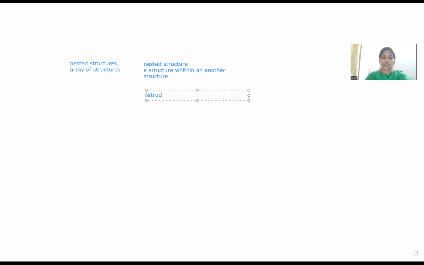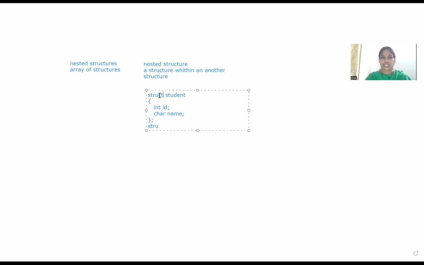I'm taking one structure, student. Within the student structure, I am declaring some structure variables: ID of the student and name of the student. This is one structure. Now I want to store one more structure within this student. What is the keyword we use here?